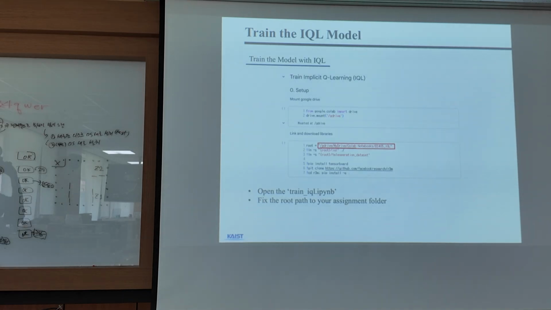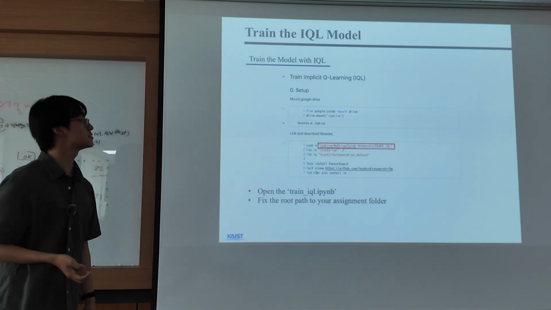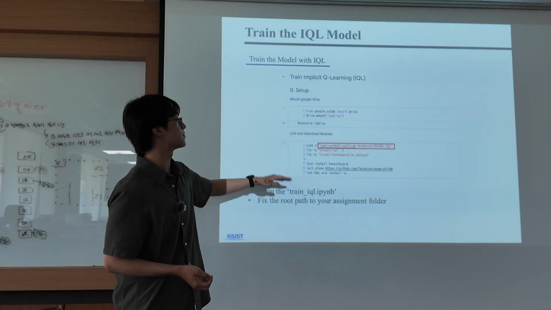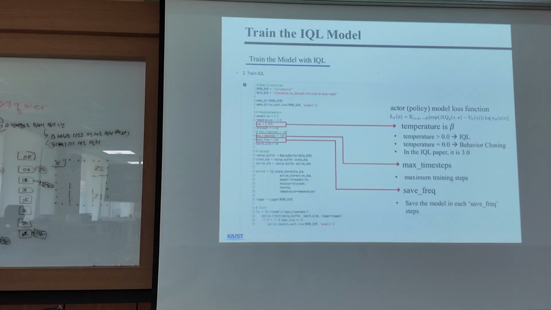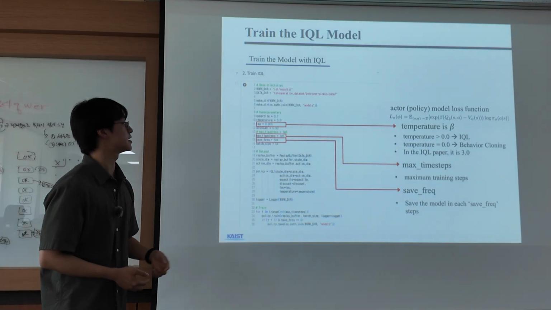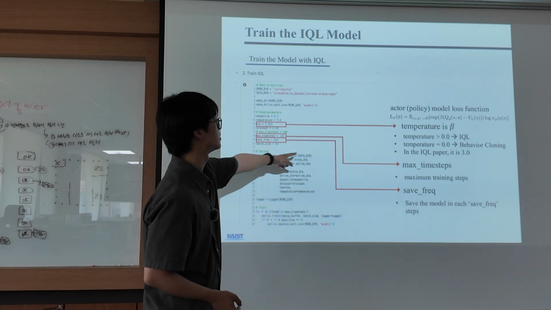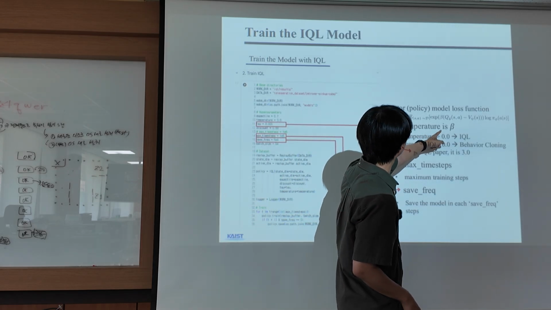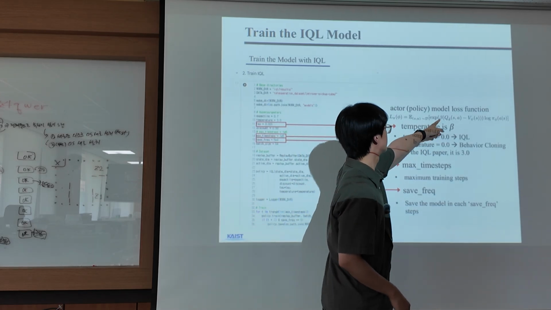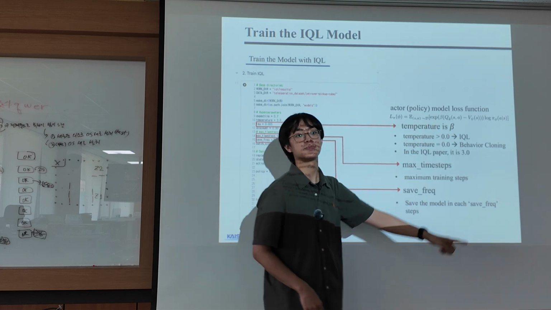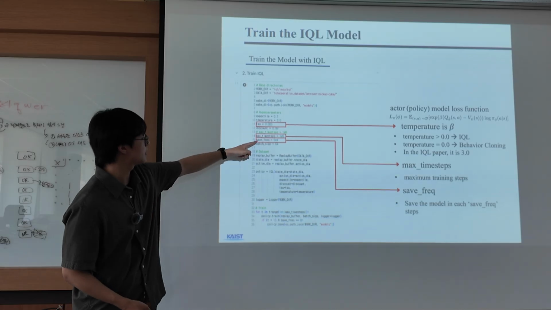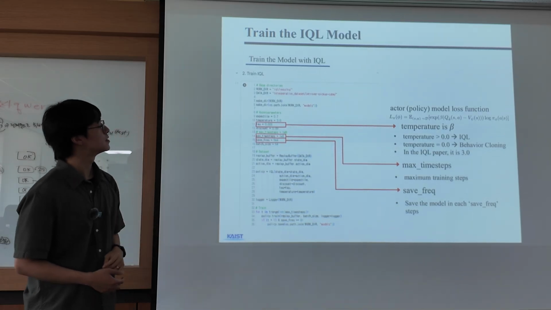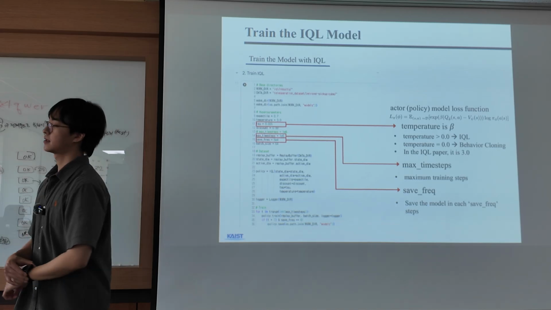Inside the Jupyter notebook, after reading some of the code, you should execute the cells. There are some hyperparameters that you can tune, like the temperature that is going to be used in the policy loss, or the max time steps, save frequency, or the discount factor.